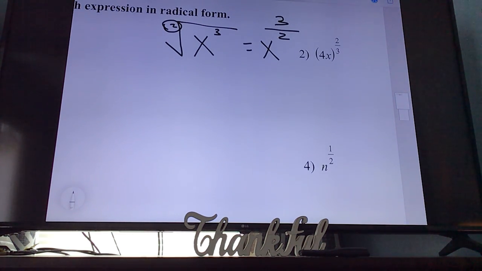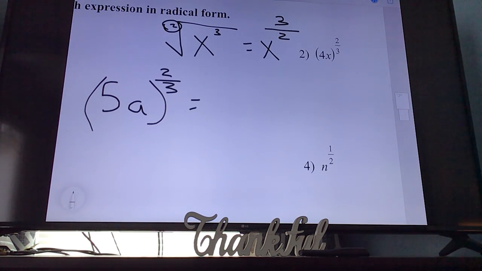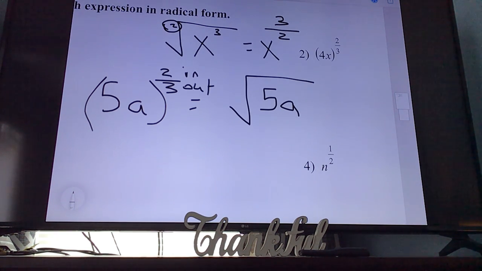One thing to keep in mind, if you have something like 5a to the 2 over 3 in radical form, you draw your little radical. The stuff inside the parentheses has got to go under it. Then we still do inside and outside. On the inside, we're going to have a 2 and a 3.